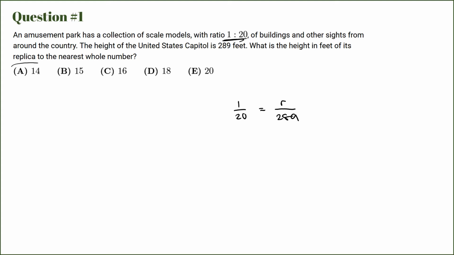So we can just solve this equation for r. 289 equals 20r, and 289 over 20 equals r. So let's divide, and we get approximately 14 for r. That would be A.